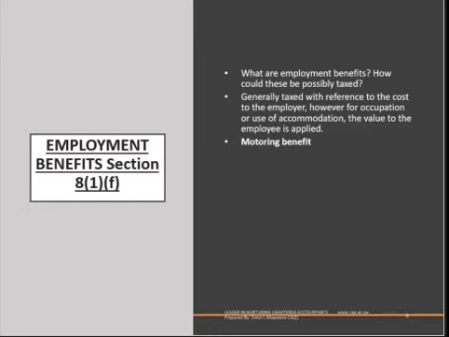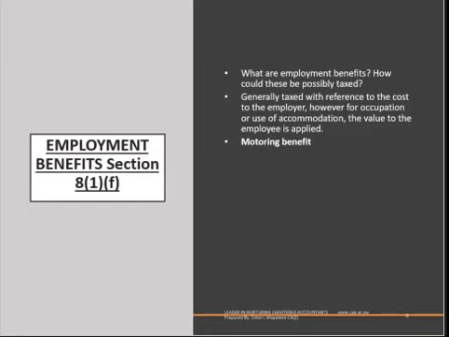We need to realize that under employment benefits, motoring benefit will be deemed to be based on the engine capacity and duration of how long this right of use is given to the employee.